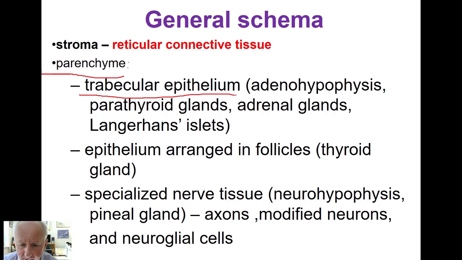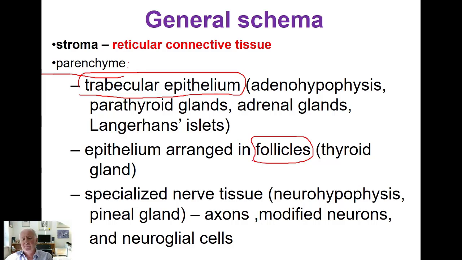In the thyroid gland, they are not trabeculae, but the epithelium is arranged in round structures which we will see on a section in the microscope later on a slide. Those round structures are called follicles. So this is a follicular structure in the thyroid gland, not a typical trabecular epithelium.